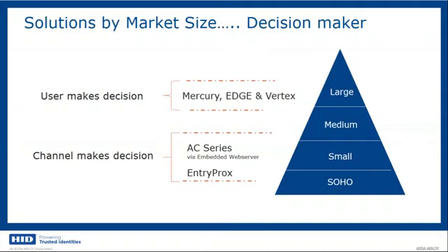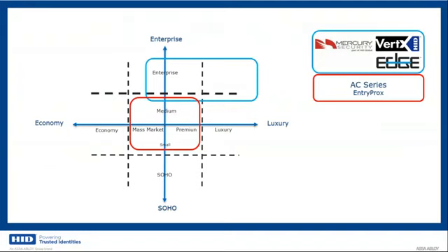But right now, if you look at this graphic, we are going to focus on a solution that is not the most economical, but is not that expensive, and is not dedicated to the enterprise market, but is also not for the SOHO market. So we will be in the middle of the price versus enterprise or user needs.